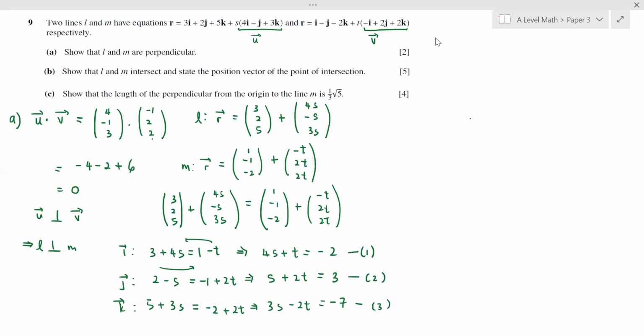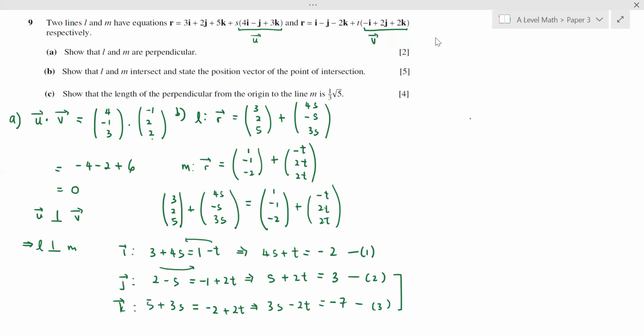If the lines intersect, we will be able to find unique values of s and t that satisfy all 3 equations. So what we could do is solve equation number 2 and 3 to find the values of s and t and check that this is consistent for equation number 1.